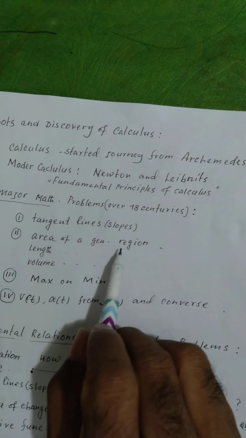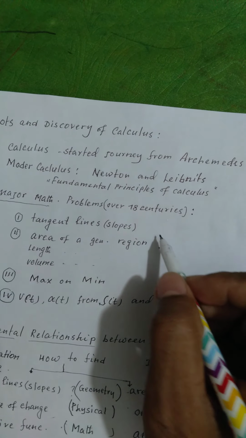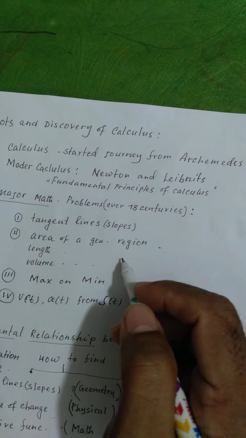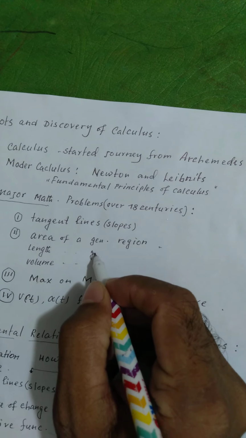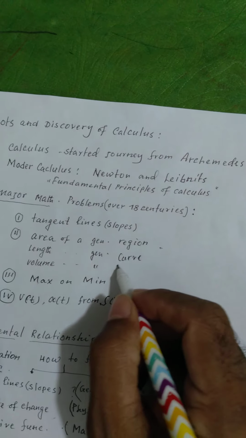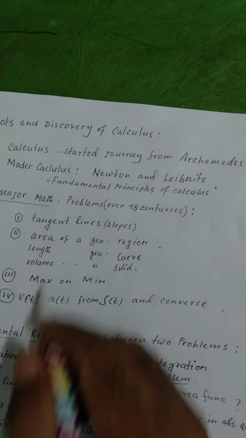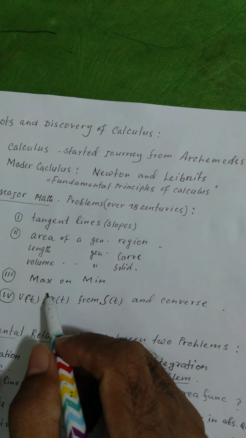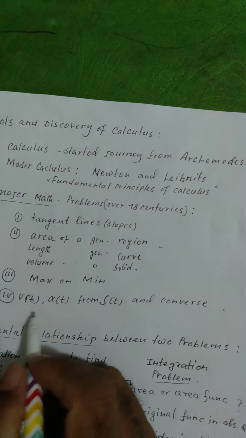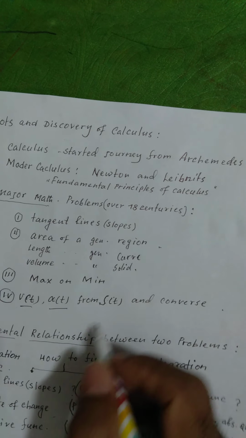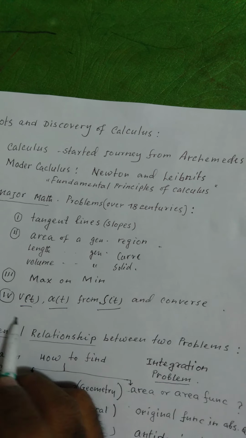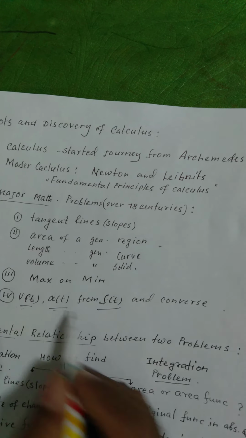These were the tangent lines problem or slopes problem, that is, how to find tangent lines for a curvilinear function; the area problem, the area of a general region, the length of a general curve, and the volume of a general solid; how to maximize or minimize a quantity; and how to find the velocity function and acceleration function from the position function, and conversely.